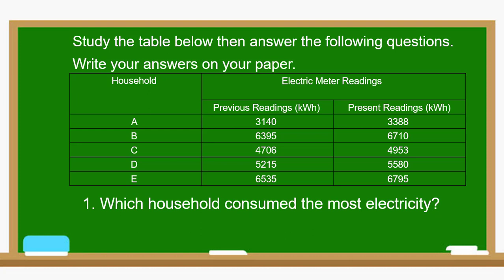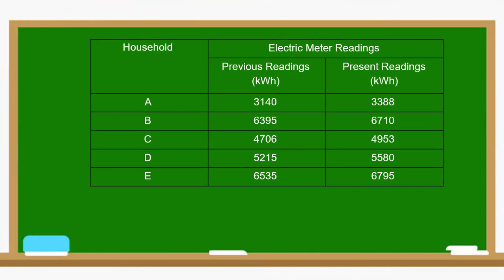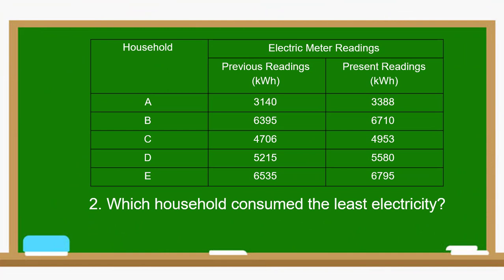Question number 1. Which household consumed the most electricity? The answer is household D. Number 2.